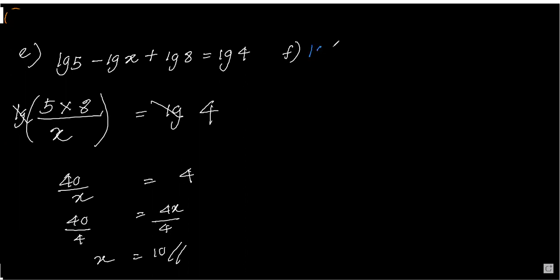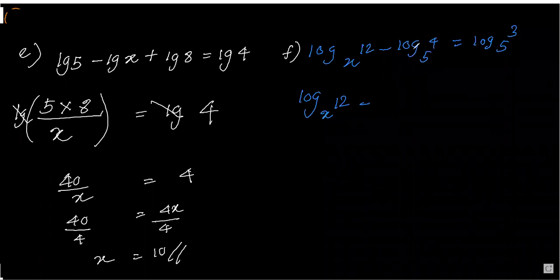Log x 12 minus log 5 4 equals log 5 3. So we can write like this: log x, it is not common, 12 minus log 5 4. This is wrong.